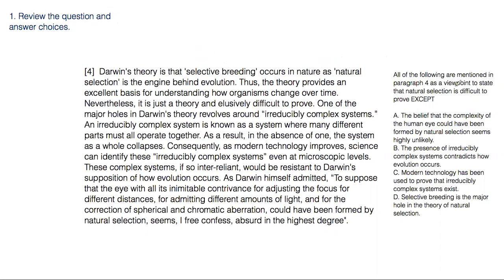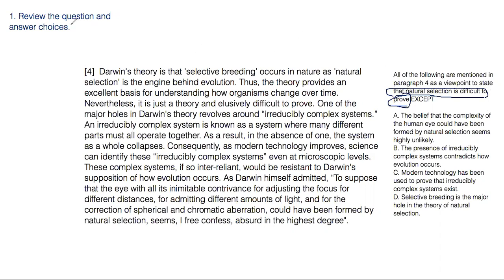We're looking for the viewpoint that natural selection is difficult to prove. So when we do the reading of this paragraph, there will be 3 of these that say that natural selection is difficult to prove, and there'll be 1 that does not. So this is the information that we need to keep our eye out for as we're going through.